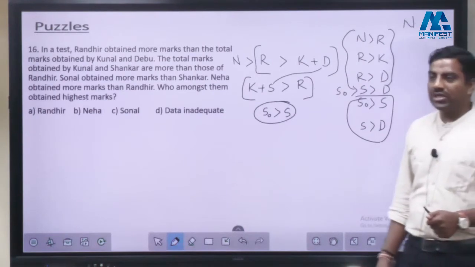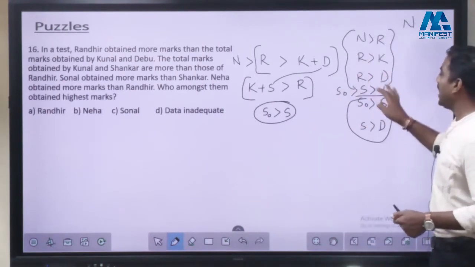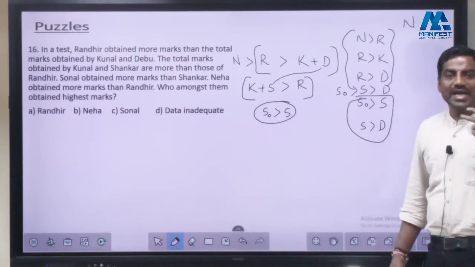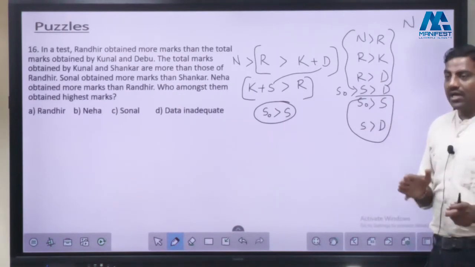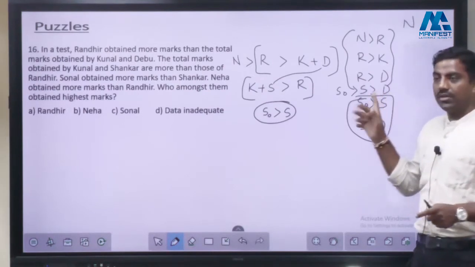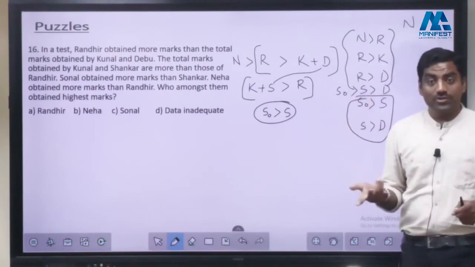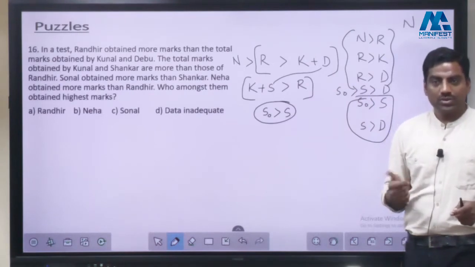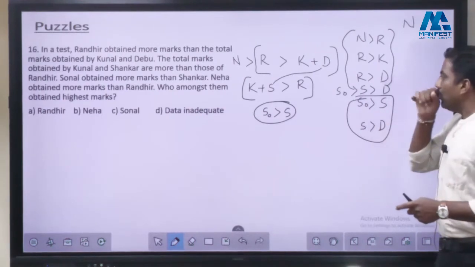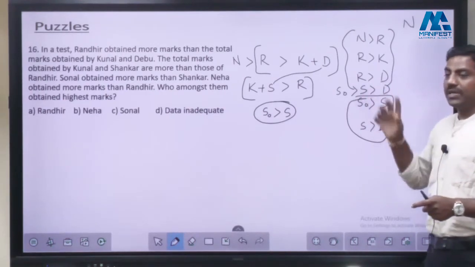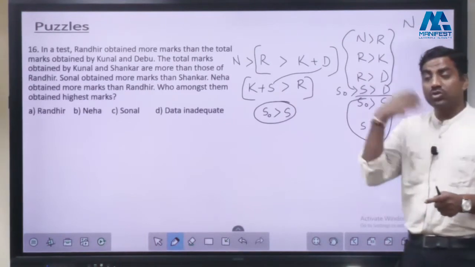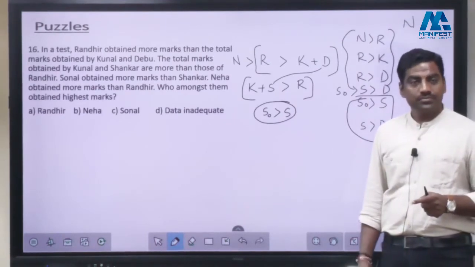Among NRKD, Neha is the highest. When Shankar comes, Shankar is better than D. But he can be better than Neha also. Who knows? Yes or no? Sonal is better than Shankar, so Sonal can be better than Neha also.